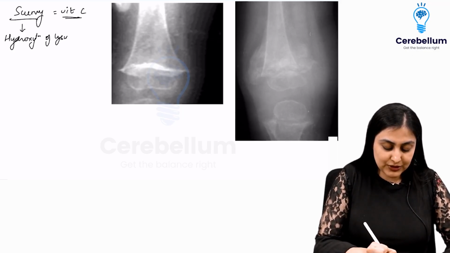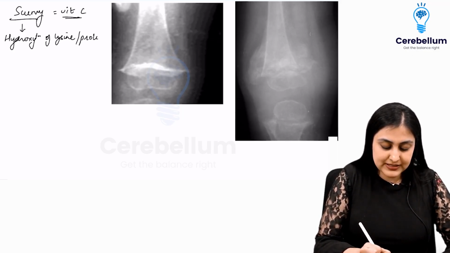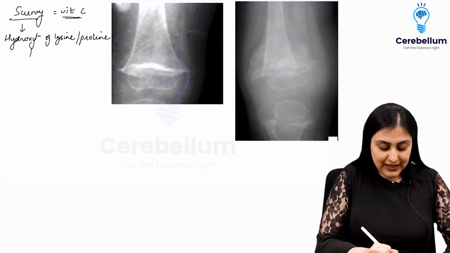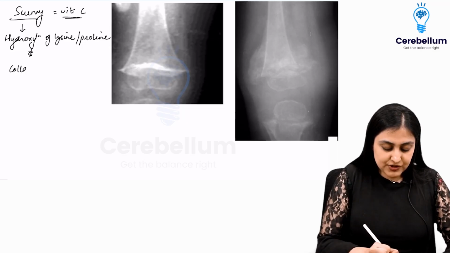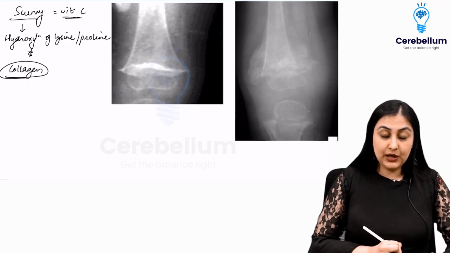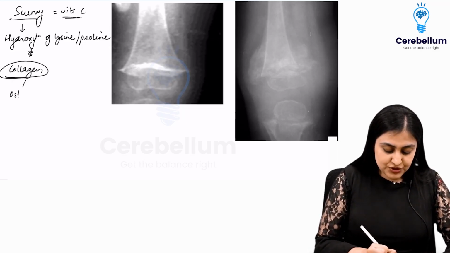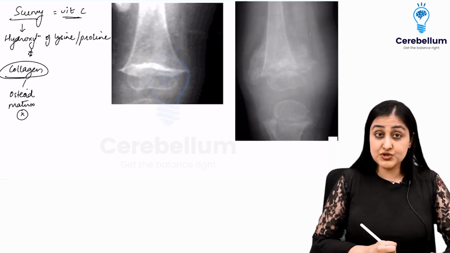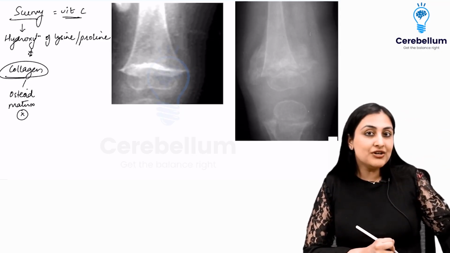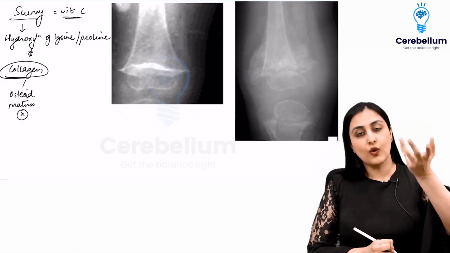This step here in collagen synthesis is dependent on vitamin C. So when this does not happen, we do not have collagen which is forming properly. Without collagen, we do not have the osteoid matrix on which the bone can be laid out. So there is no osteoid. In rickets, there was no mineral. In scurvy, there is no osteoid.